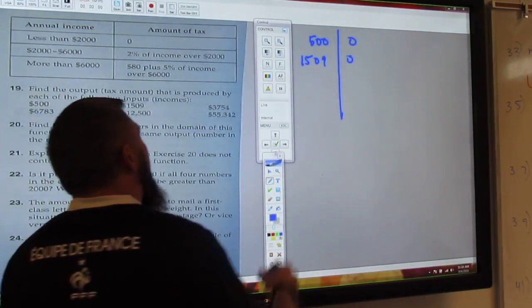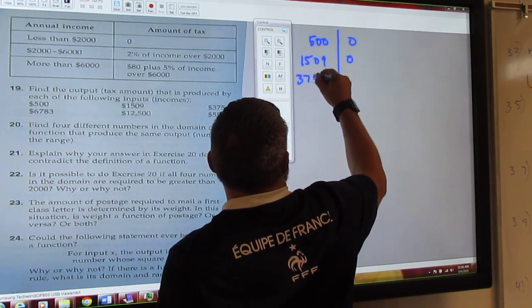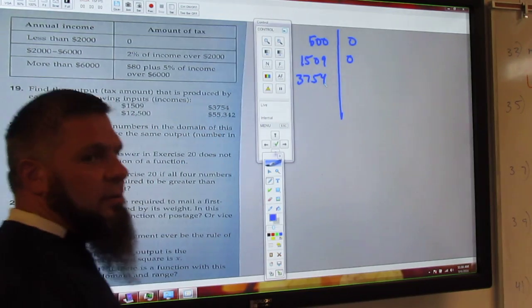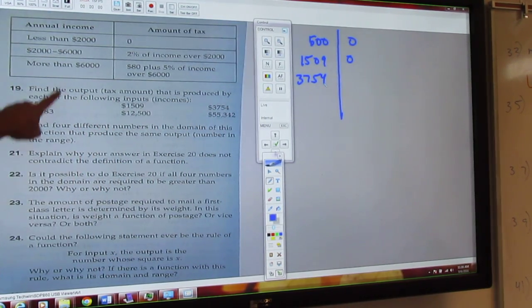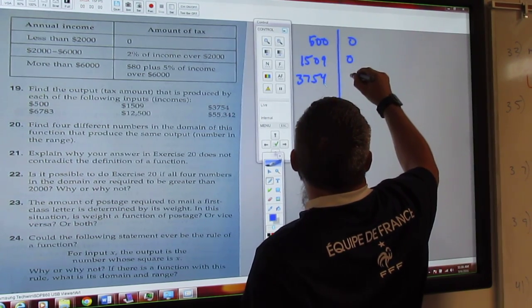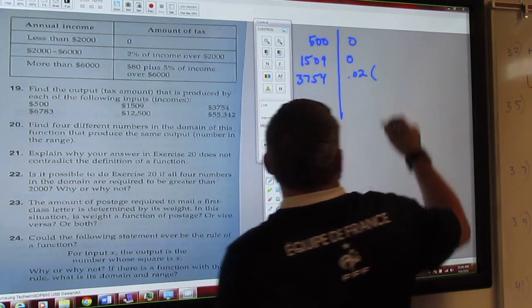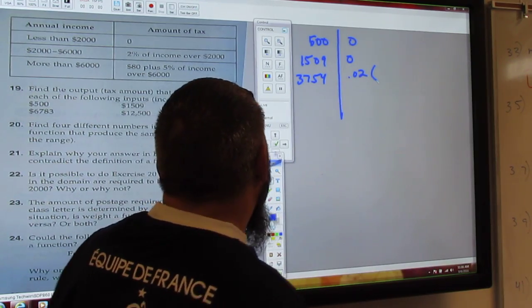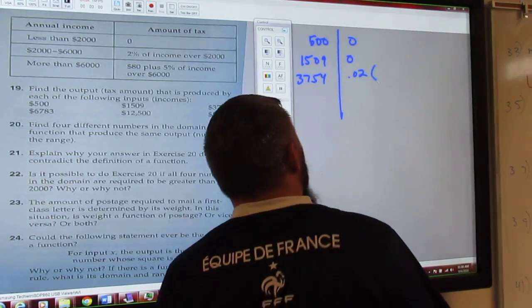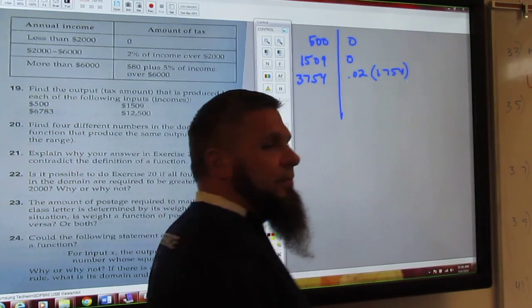What about 3,754? 3,754 is 6,000 or less. It says 2% of the income over 2,000. So that means it's 0.02, which is 2%, times what's over 2,000, which is 1,754. How much is that?